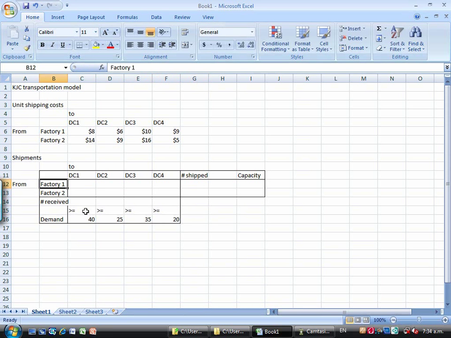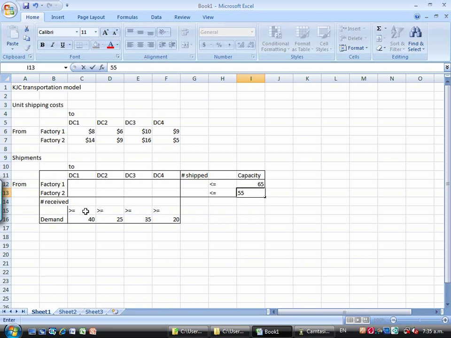Now in row 12 here you can see factory 1 was shipping a certain number to distribution centre 1, to distribution centre 2, to DC3, to DC4, and then there will be a total number shipped there. Now the total number shipped has to be less than or equal to their capacity, and we can fill in the capacity here, looking at the instructions. That is the amount of capacity that we have.